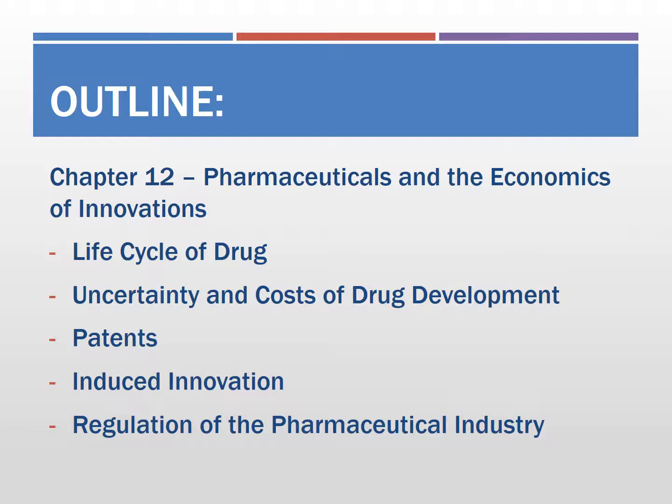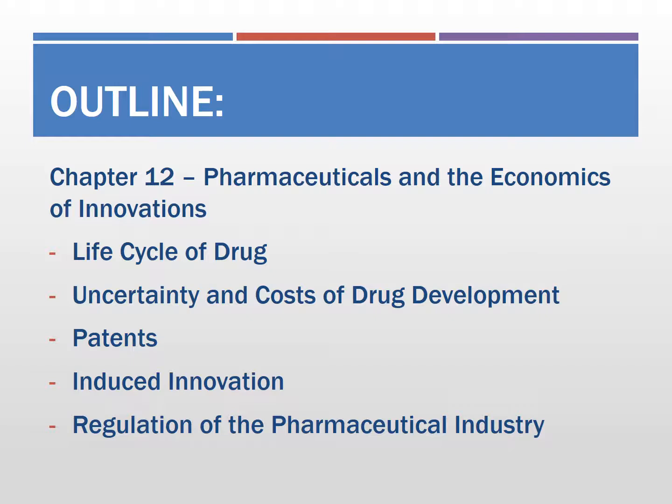So in this chapter, we are going to talk about the specific nature of the pharmaceutical industry and try to understand how they work in general, and also more specifically, we are going to talk about some of the uncertainty they face that allows them to earn patent protections in the markets.